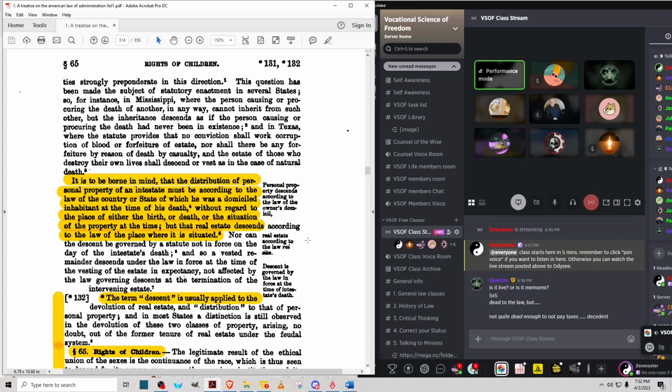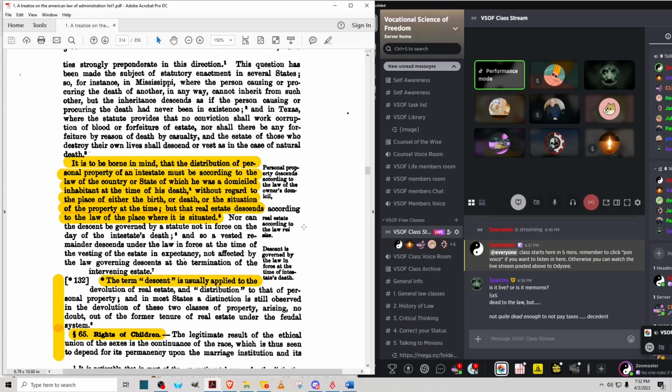Nor can the decedent be governed by a statute not in force on the day of the intestate's death. Well, obviously, that'd be like an ex post facto law. Or so a vested remainder descends under the law in force at the time of the vesting of the estate in expectancy, not affected by the law governing descents at the termination of the intervening estate. Okay.